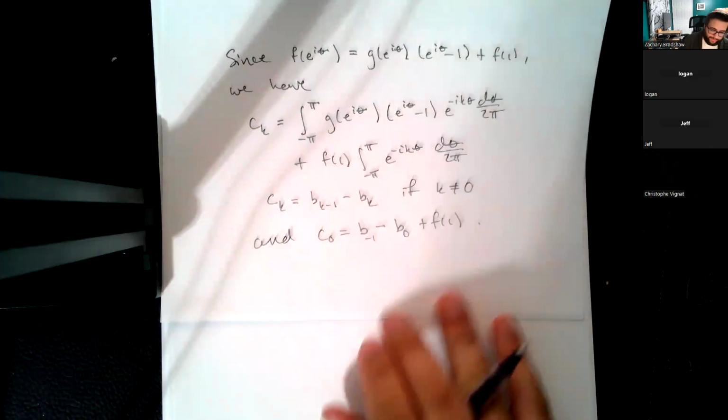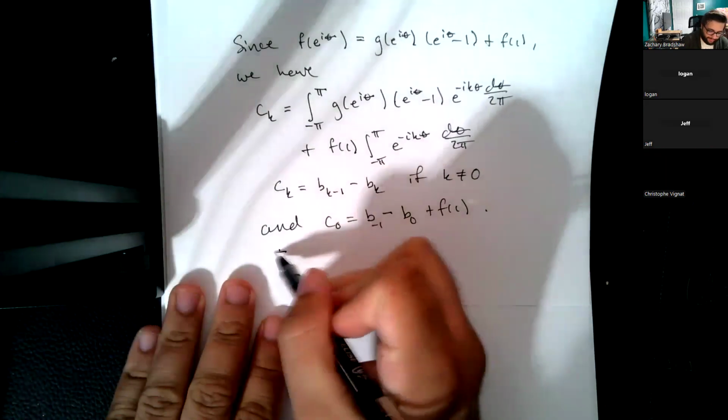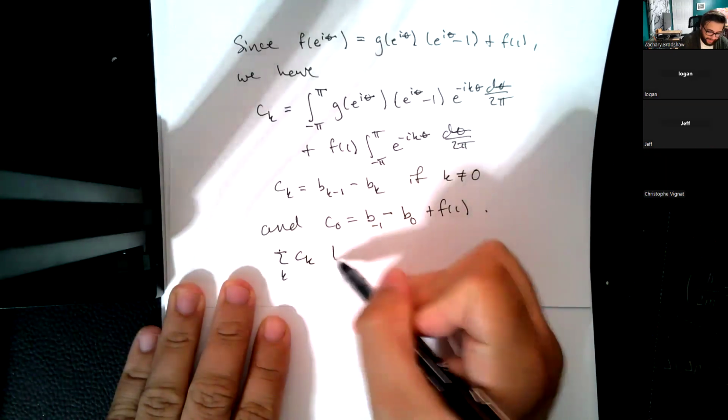What this tells us is that the series, the sum over k of ck, telescopes.